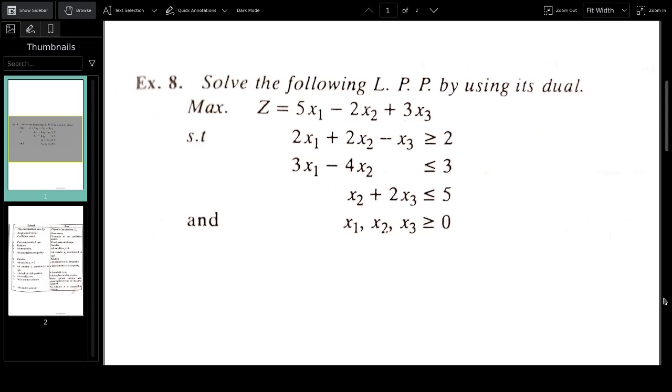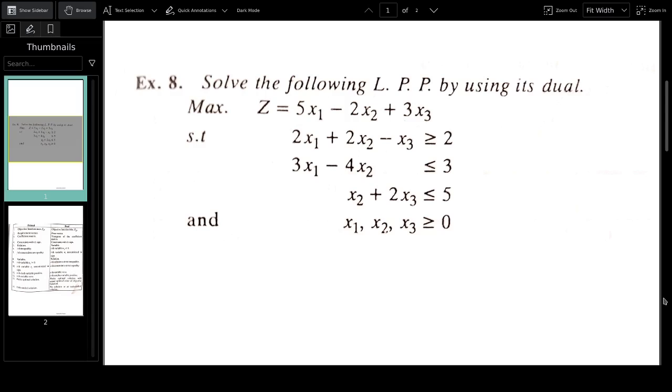Right, using dual. Means what? First you convert it into the dual. So when you convert it into the dual, first what we check? Whether this problem is standard primal form or not. Anyone? Arbaz? Because this is a maximization problem, it will be less than or equal to.